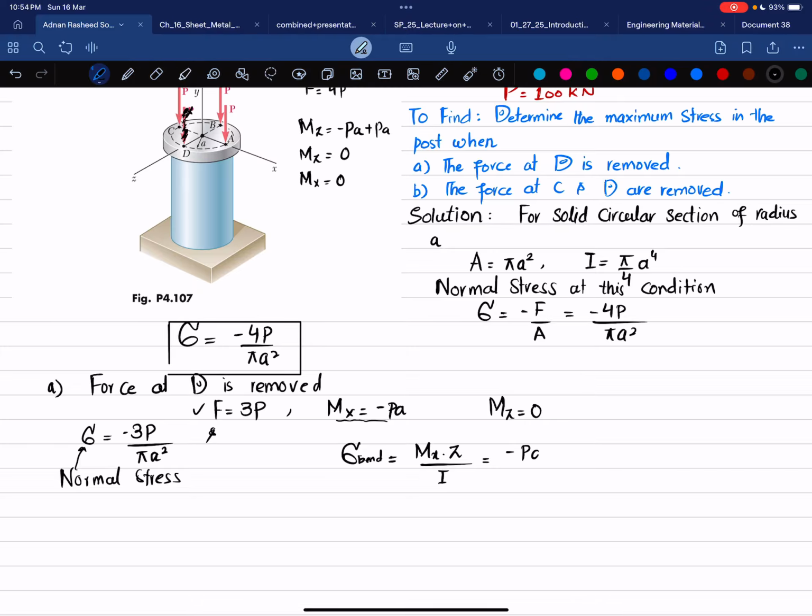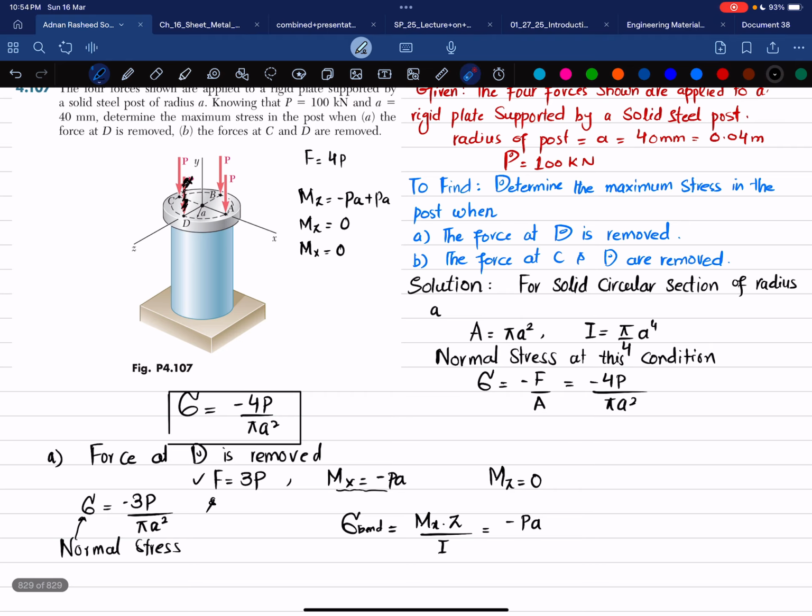Now what is z? You can see z is the distance from the central or neutral axis to the point where load is applied, and it is opposite toward this A, clear, and that we can write as minus A.